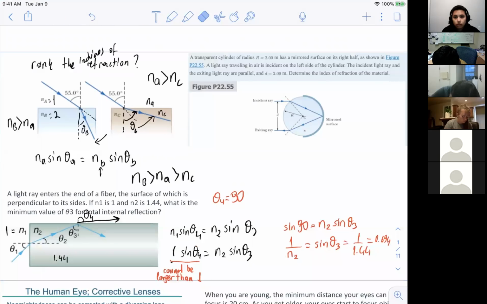So we want our calculator in degree mode? Yes. If the question asks specifically for radians, then you can switch to radians, but I will always ask for degrees. So theta 3 is 43.9. If the question asks you to round, it's going to be 44 degrees.